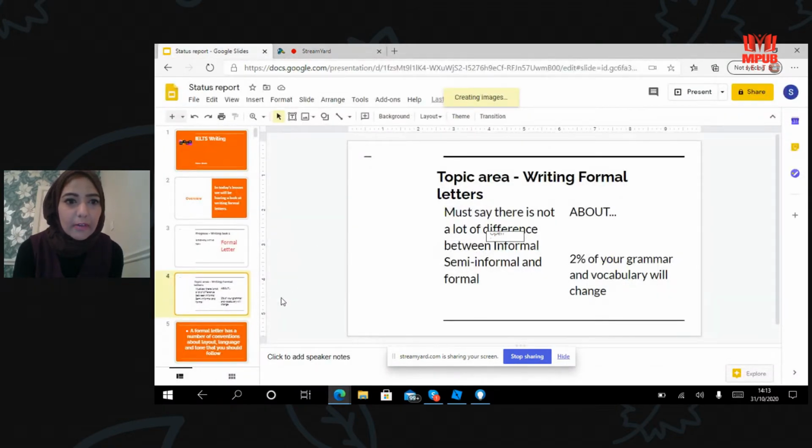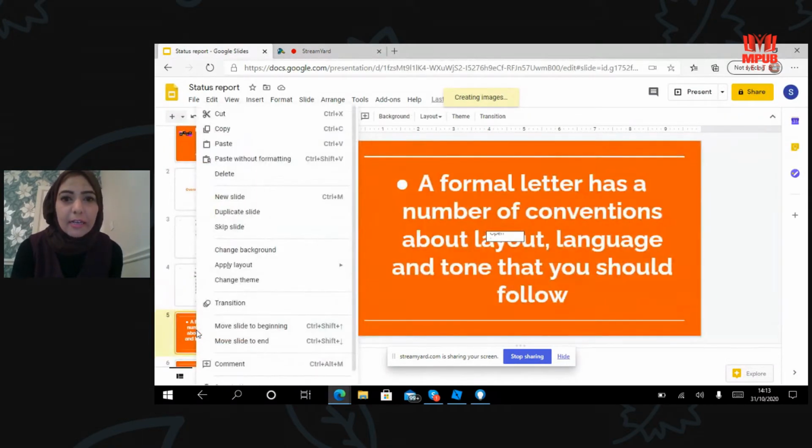So let's have a look at a formal letter. It has a number of conventions, and it's about the layout, the language, and the tone that you should follow. So obviously, with an informal letter, the layout, the language, and the tone that you're using will be different.